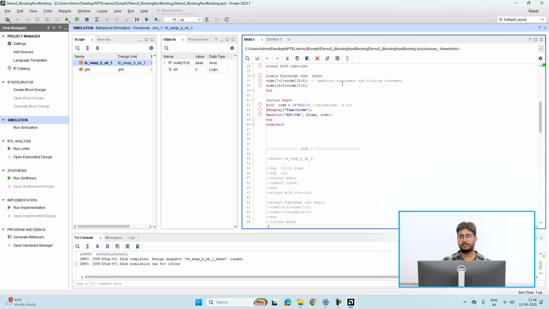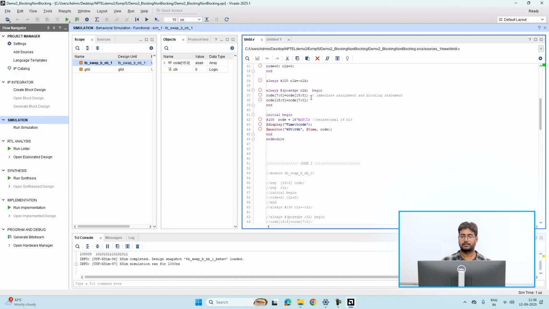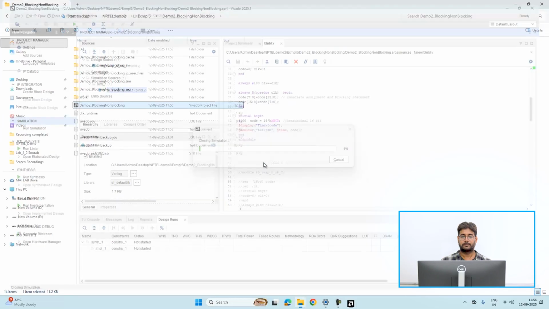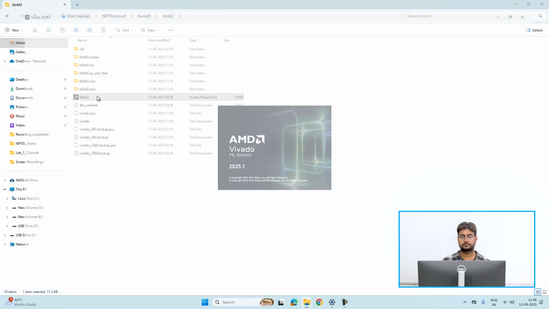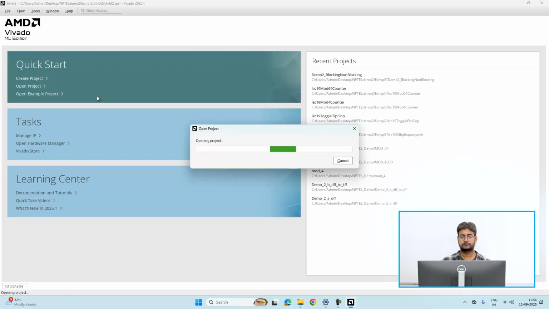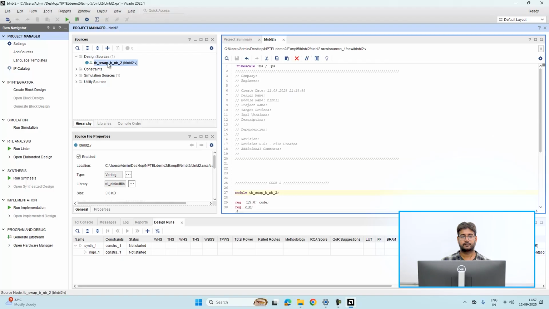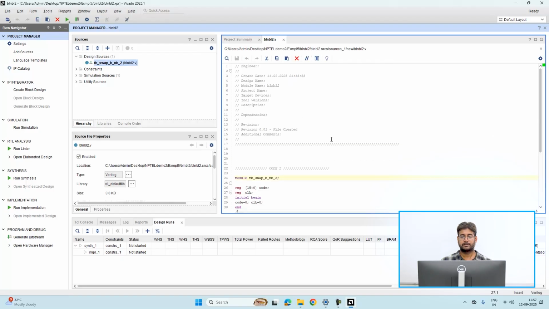We will go for code type 2 and see whether we are able to swap again using these immediate assignment blocking statements only. So we will close it and go to code type 2. This is code type 2.